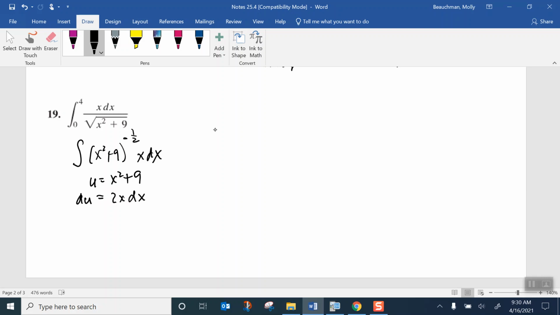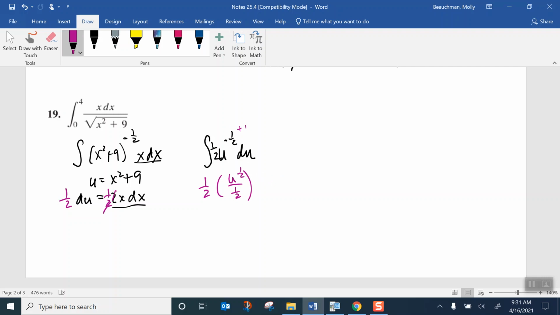Substitute your values in. So we have 2x dx, this is x dx. Multiply both sides by a half. So now we can substitute in our integral the integral of u to the negative 1/2 times 1/2 du. Apply the power rule. So we get 1/2 times u to the power of negative 1/2 plus 1, which is 1/2, divided by a half.